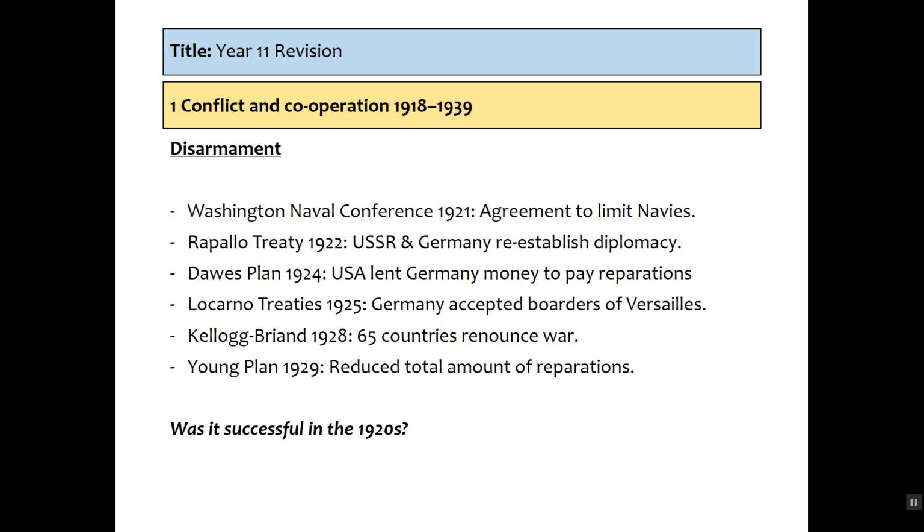Now, by the 1930s, we've got attempts at disarmament. All of the peace treaties stated that the nations should disarm, and it was the League's role to ensure that it happened, but it really did fail. At the Washington Conference in 1921, the USA, Japan, Britain and France agreed to limit the size of their navies, but that was it. That was the extent to which the League of Nations achieved its aim to stop rearmament.